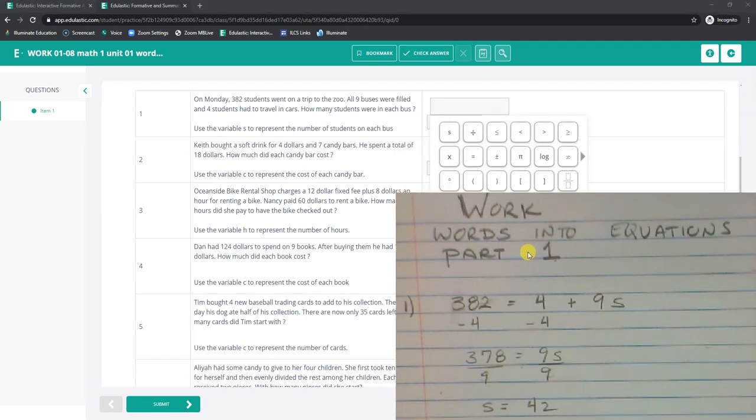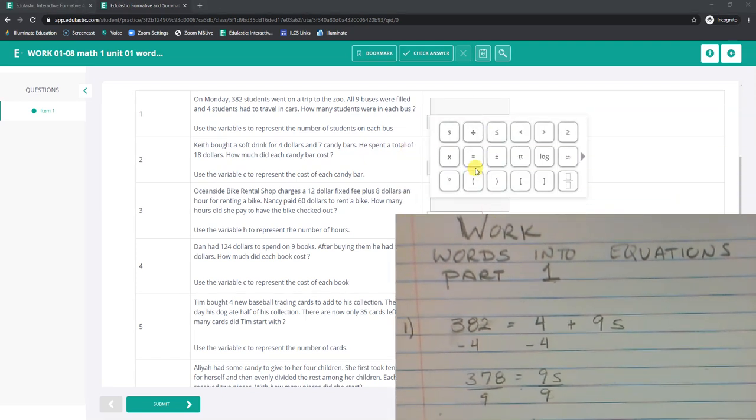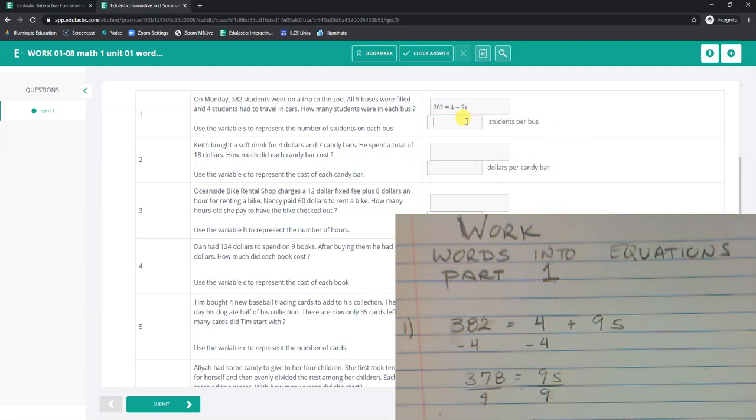So our equation is 382 equals 4 plus 9S. 382 equals, let's get an equal sign in there, equals, excuse me. And we decided there were 42 kids on the bus, 42.